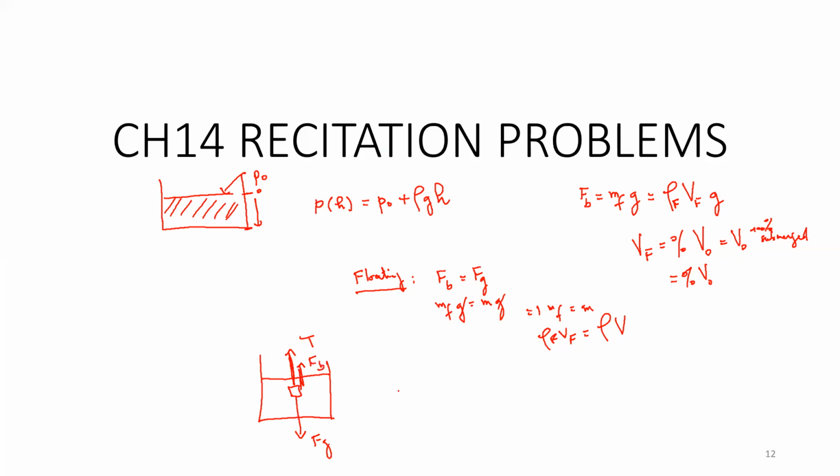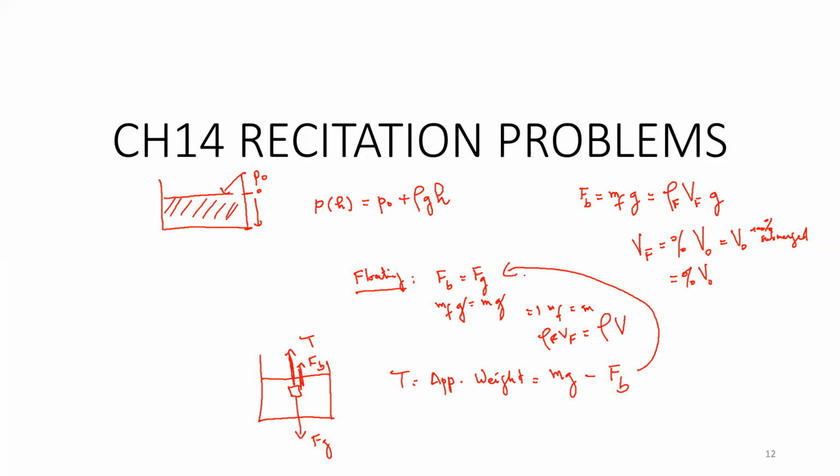So the tension is the apparent weight. Apparent weight will be equal to what? The real, actual weight, which is mg, the gravitational force, minus the buoyant force. Apparent weight is equal to actual weight minus buoyant force. And the buoyant force, you already know how to calculate it.